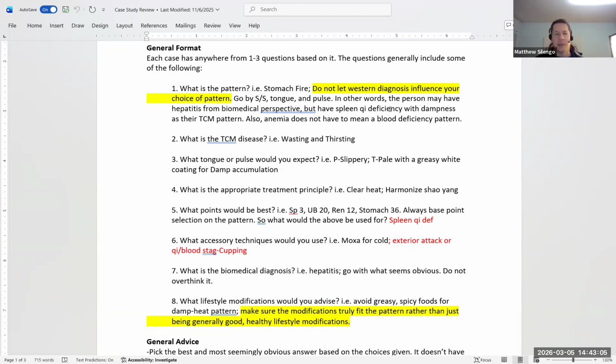Now you might panic a little bit and think, wow, that's a lot of reading. If there's only one question for a case and then the next question's another case, God, that's a lot. But these are very quick cases. Most of these cases are 2 or 3 sentences, very to the point, key information.